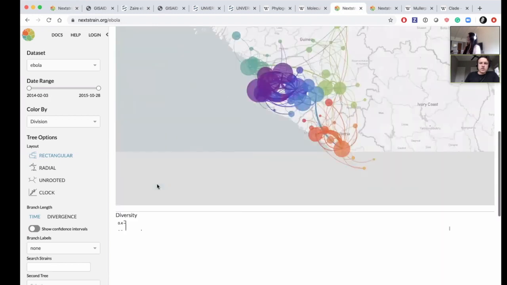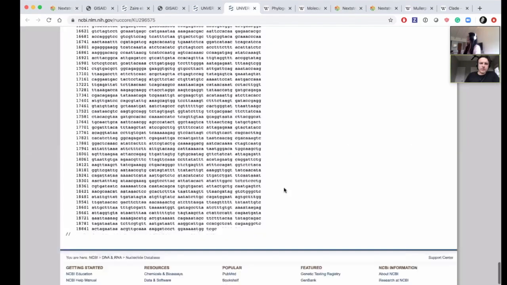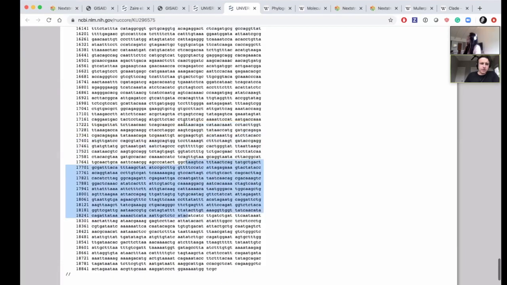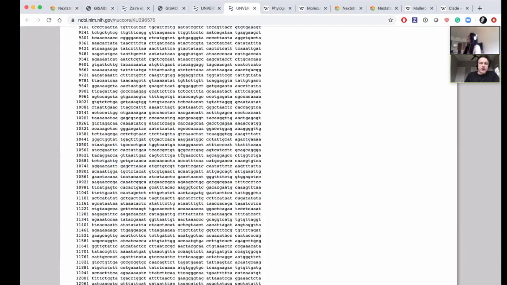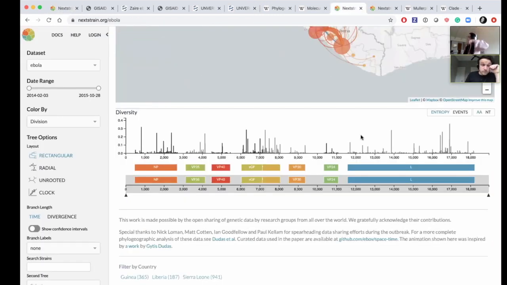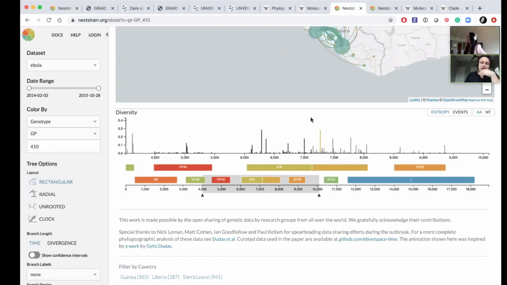The genome for Ebola has some 18,000 positions, and if we scroll down we can see the letter at each position. Those might change. So back in Nextstrain for Ebola, the little bars are how many times it changed? Yeah, exactly.